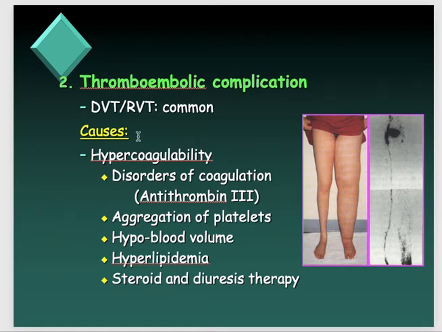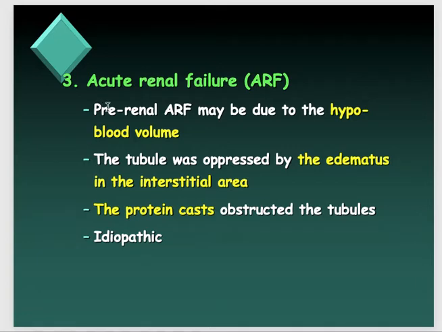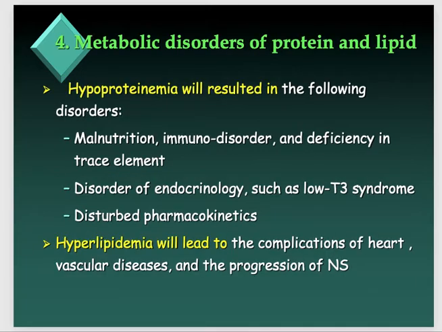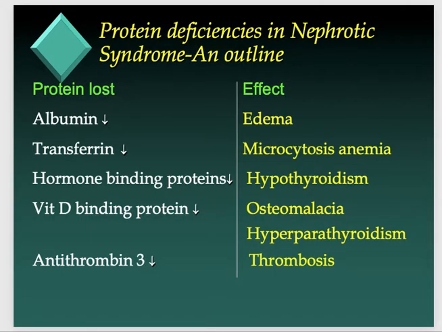A complication can be acute renal failure, and chronic renal failure is the last thing for many renal conditions. Or there could be hypoproteinemia or hyperlipidemia. So these are all the complications.